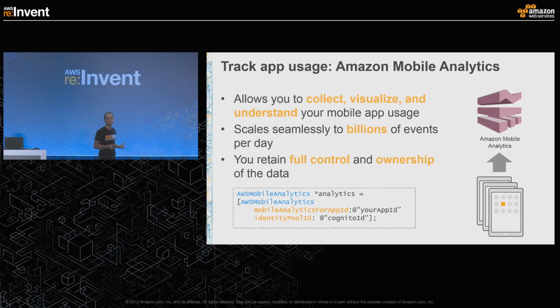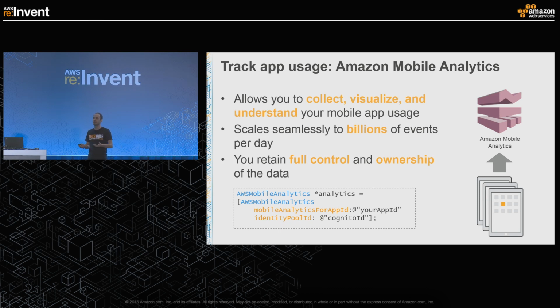How many open sessions does he have? As with most AWS services, this is designed to scale for potentially billions of events, fully scalable in the sense that you don't need to worry about that. And one important thing, you retain full control and ownership of all the data that is logged through Mobile Analytics. So you own that data, and you can move it around, for example, into your S3 bucket or into your data warehouse.